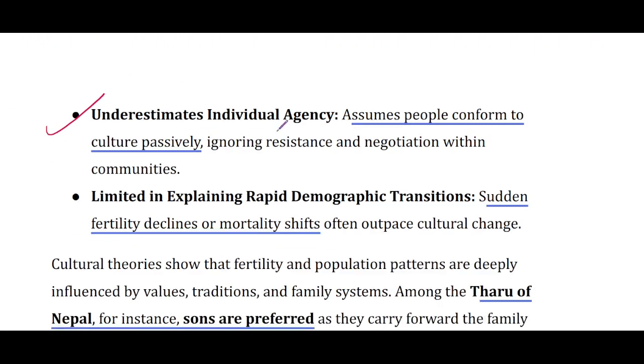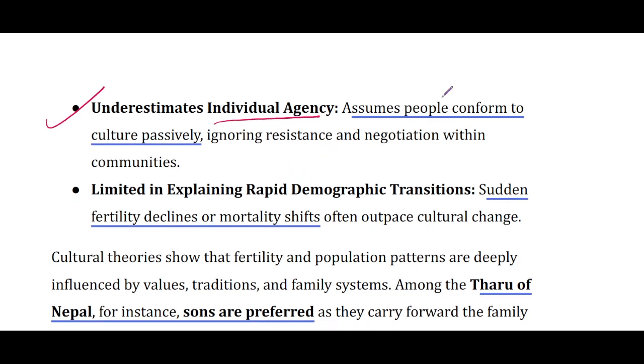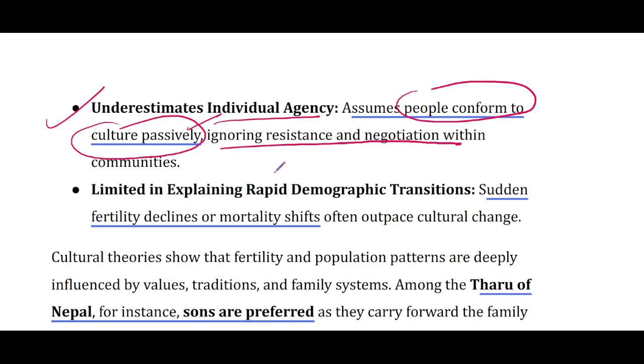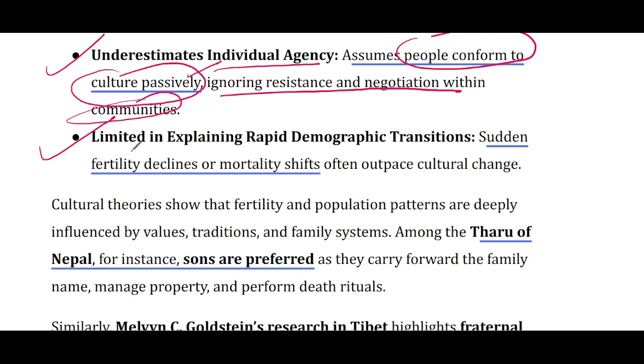Then it underestimates individual agency. This theory assumes that people usually conform to such cultural norms passively, but there might be some resistance and some negotiation within communities. And finally, it is limited in explaining rapid demographic transition.